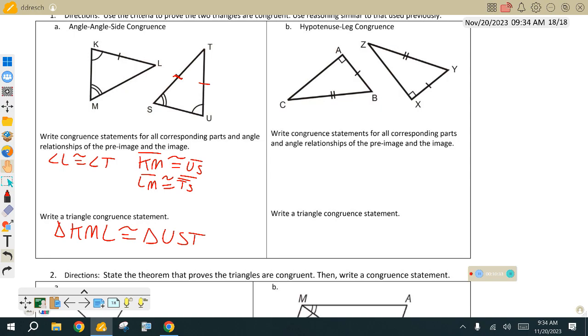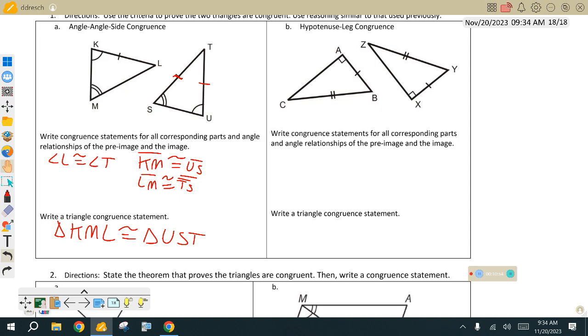I keep saying hypotenuse, so it's got to be a right triangle, and you have to have a hypotenuse marked and one of the legs marked. So hypotenuse leg has to be a right triangle, hypotenuse, and a leg. There are three things happening in there. The first thing is right triangle, and then the hypotenuse and the leg.